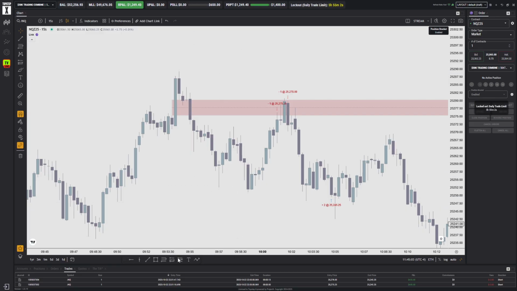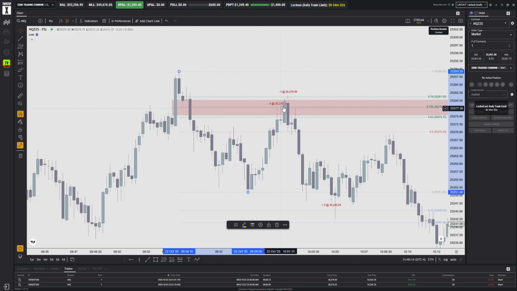So right here, from this high to this low, notice how the inversion fair value gap is within the OTE range. So that was the consideration that I had. And after we engulf this up close candle, forming a swing high on 15 seconds, I trailed my stops from here to this candle's high, and I just waited for the move to end at the .15, which is 25245.25, right here, the exit.